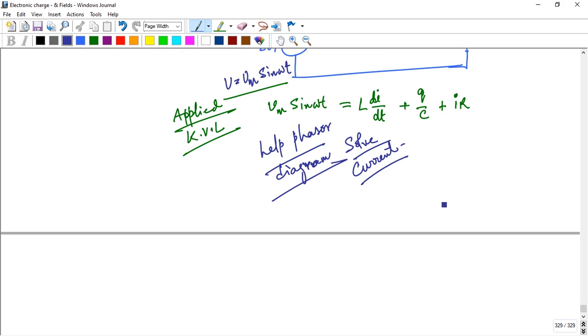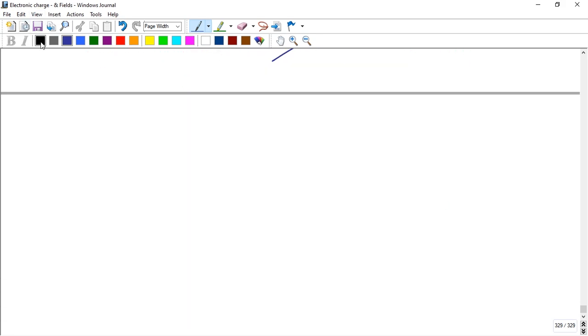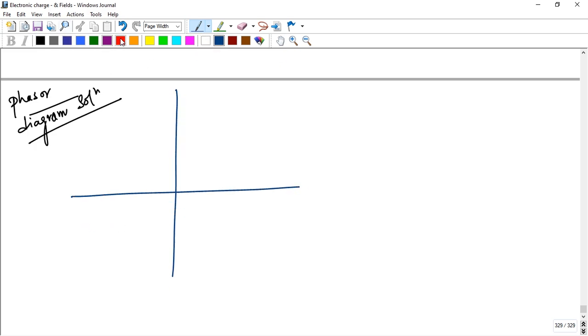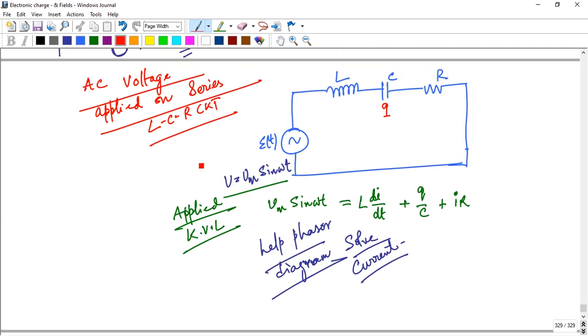So now the phasor diagram solution. First we draw the current phasor, because one single current passes through the inductor, capacitor, and resistor, since there is no node or junction point here.